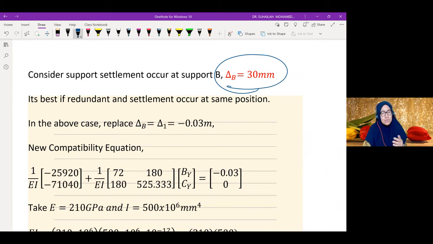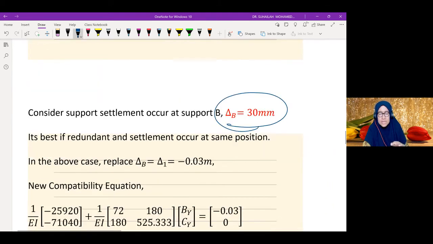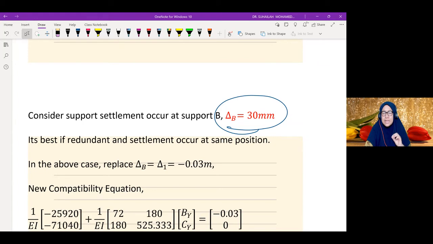So for example, after you have calculated all the reactions like the previous answer, continue to consider settlement at position B. Remember, whenever settlement is located at position B and the redundant is also at the same position, it is very easy for us to apply.